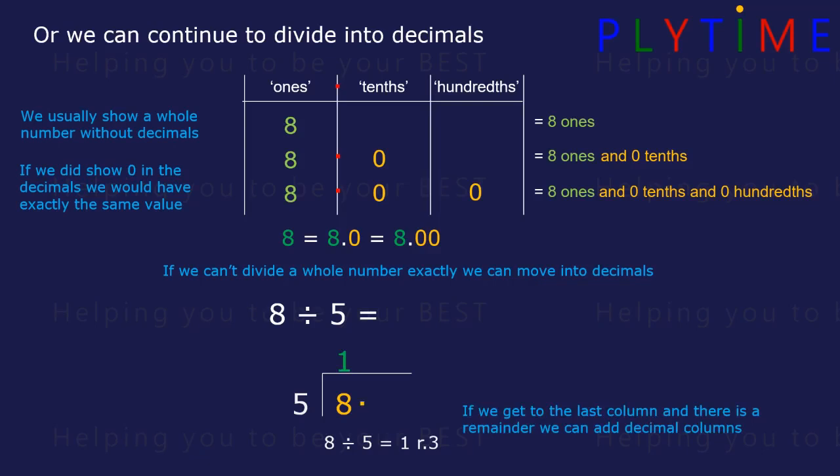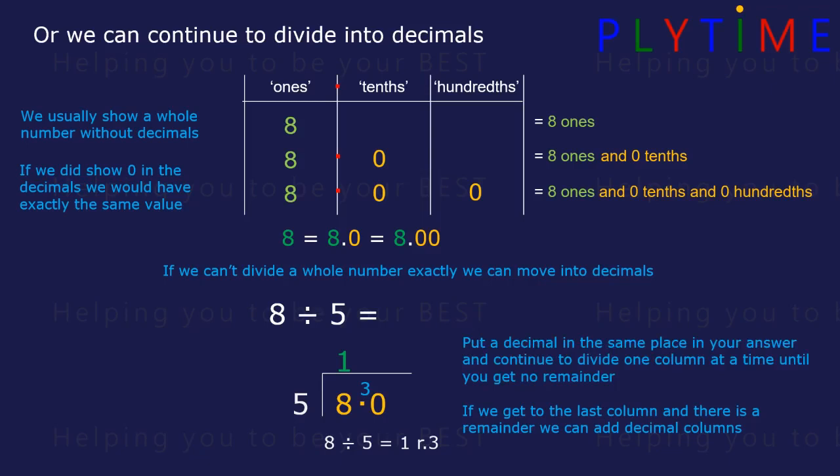Add our decimal point and a 0. Carry our remainder forward, and we put a decimal in the same place in the answer, and we continue to divide one column at a time until we have no remainder left. The decimal, and then 30 divided by 5 equals 6. So our answer equals 1.6.